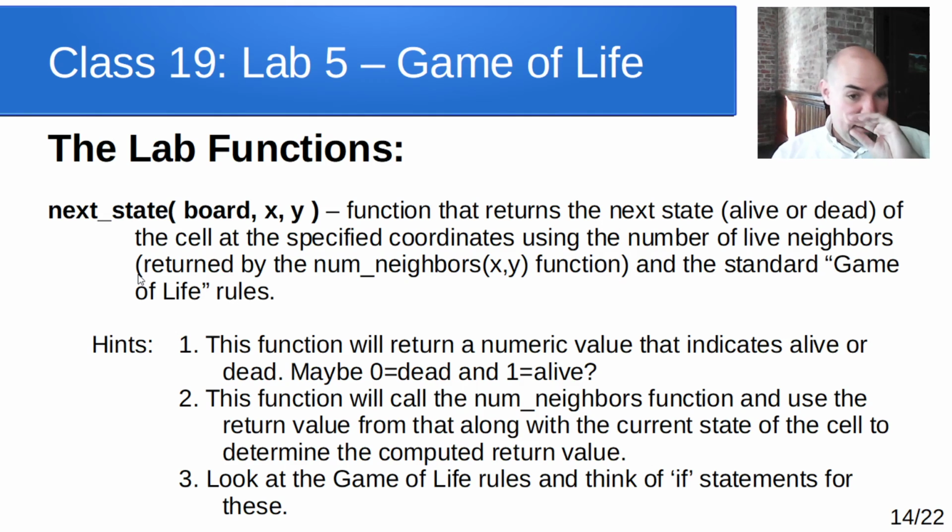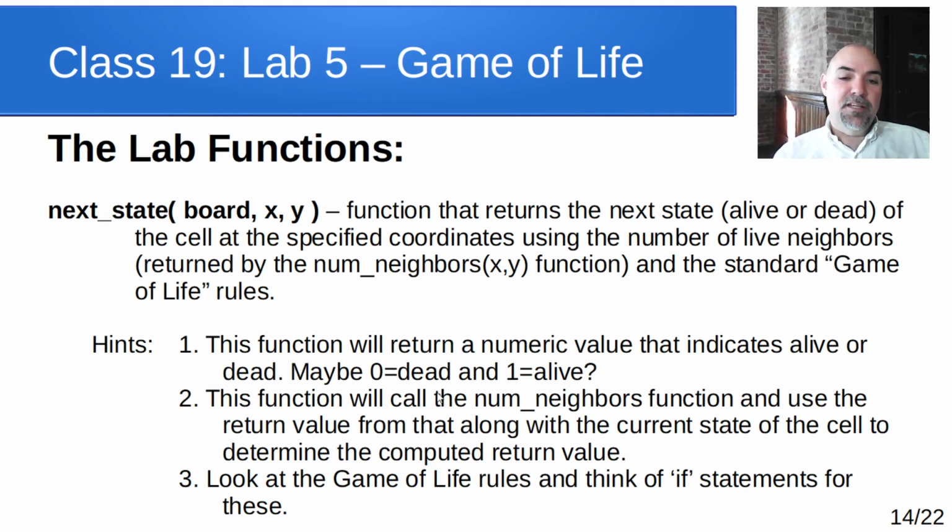Okay, so the next state function, what that's going to do is you're going to pass the entire board in, again, a pointer to the board array, and you're going to pass an xy, and that function is going to return either a 0 for dead or a 1 for alive for that particular cell. So in other words, when we call this function, it basically says, hey, is this cell going to be alive in the next generation, or is it going to be dead in the next generation?